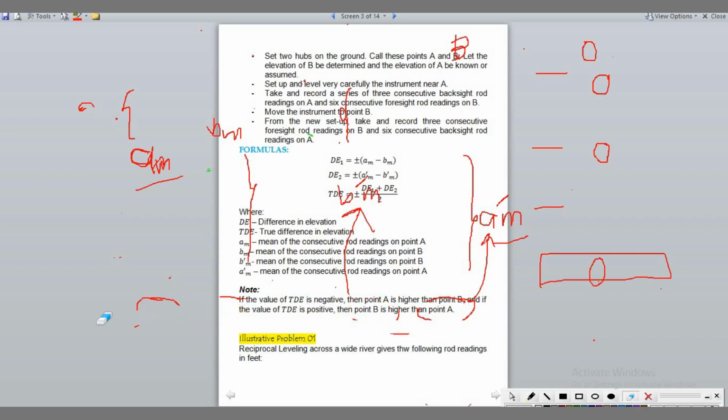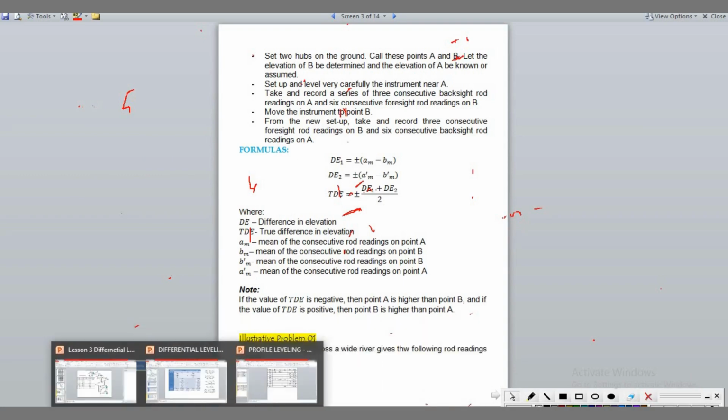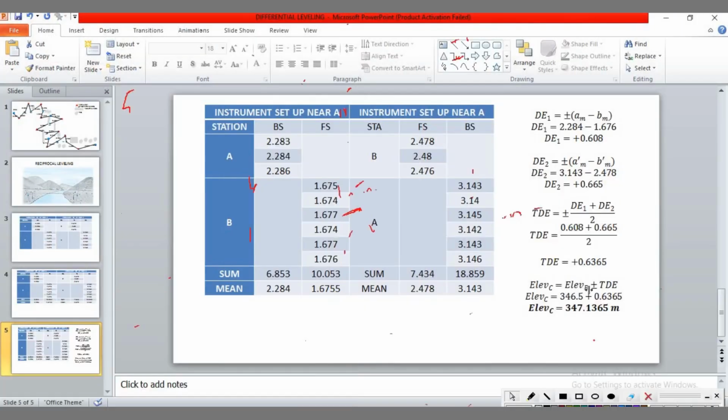So there is a note here: if the value of TDE is negative, then point A is higher than point B. And if the value of TDE is positive, then point B is higher than point A. Positive yung nakuha nating value ni TDE, so ibig sabihin mas mataas si point B. So kung babalikan ko yung figure na to, positive siya.